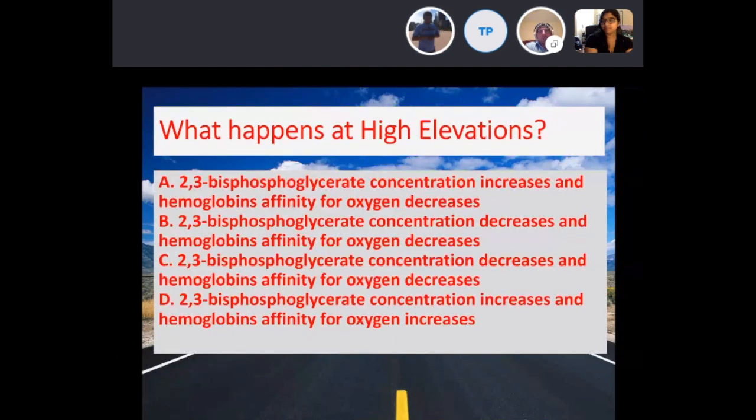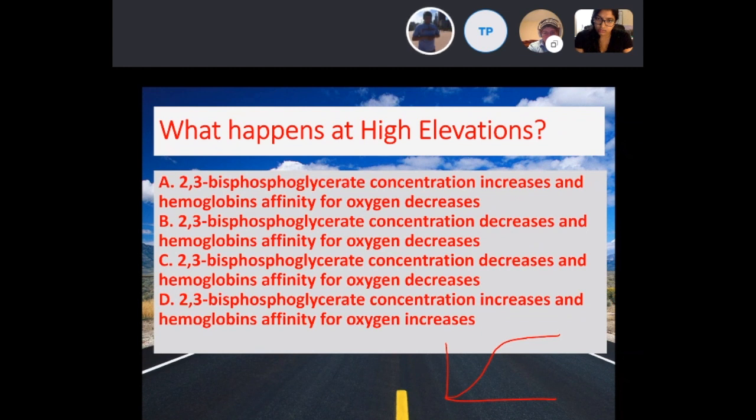Yep. What happens at high elevations? I'm not going to read that. I'll let you guys figure out. So we're talking about 2,3 BPG and affinity for oxygen. So which goes up, which goes down? 2,3 BPG would increase.